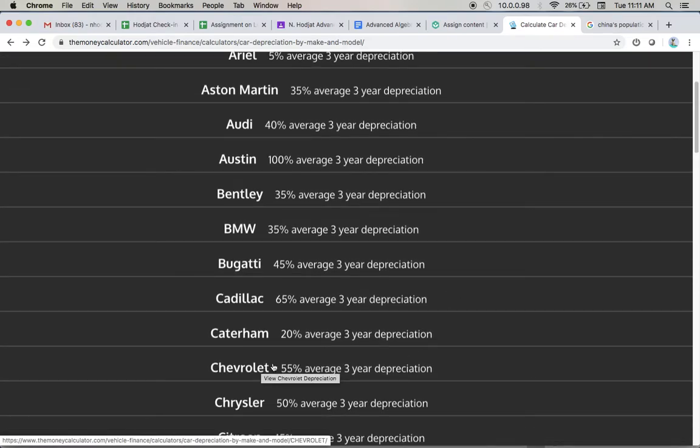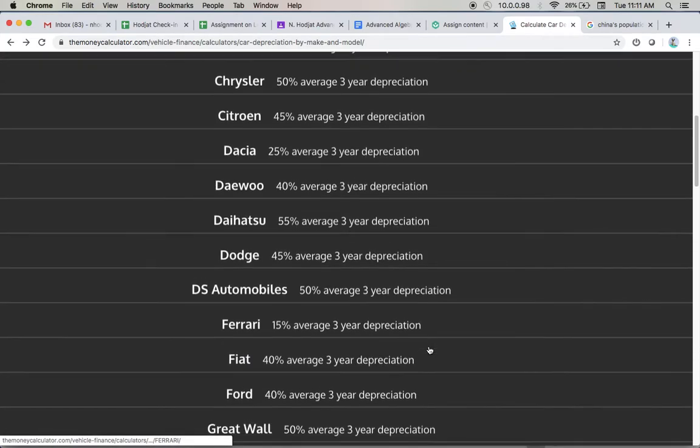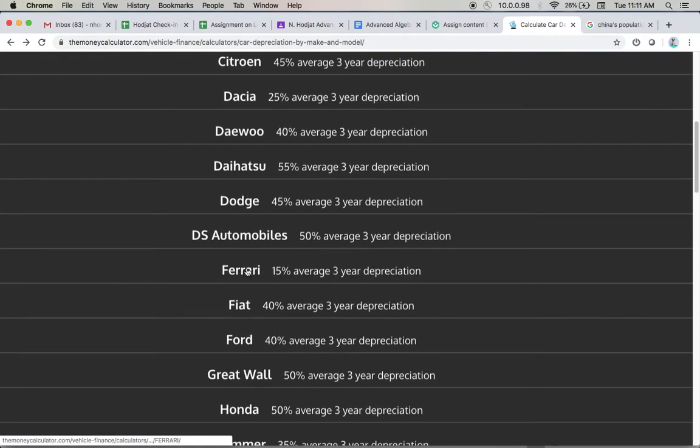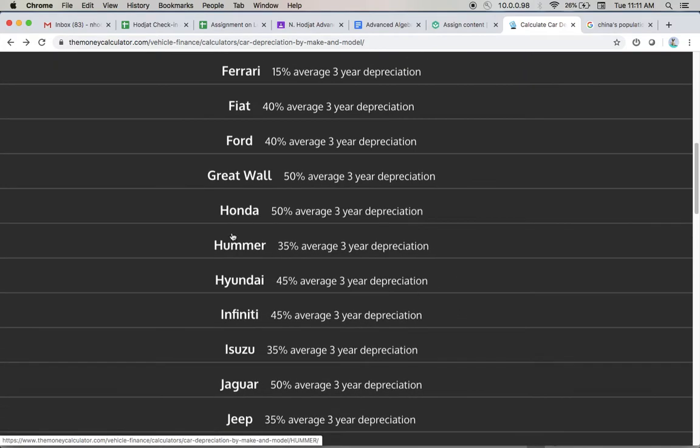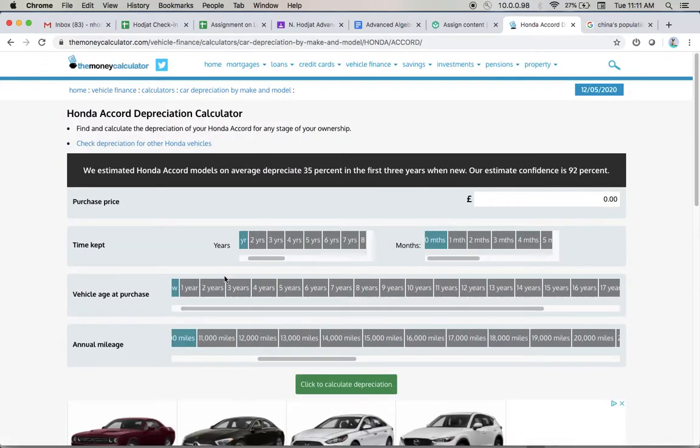For something like a Chevrolet, we're talking about 55% of the value of the car lost over 3 years. As you scroll down this list, different cars have dramatically different depreciation rates. If you click further into these categories, you can then see specific makes and models. Honda Accords, for instance, depreciate about 35% in the first 3 years when new.